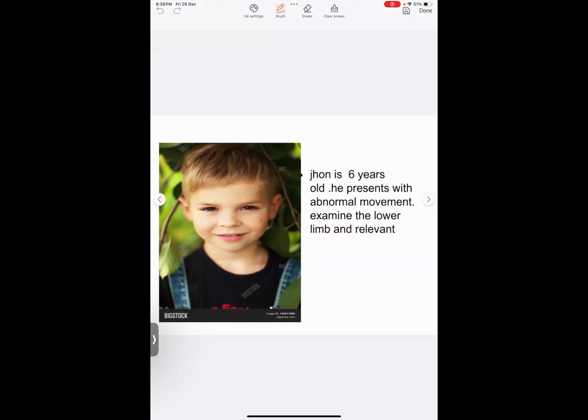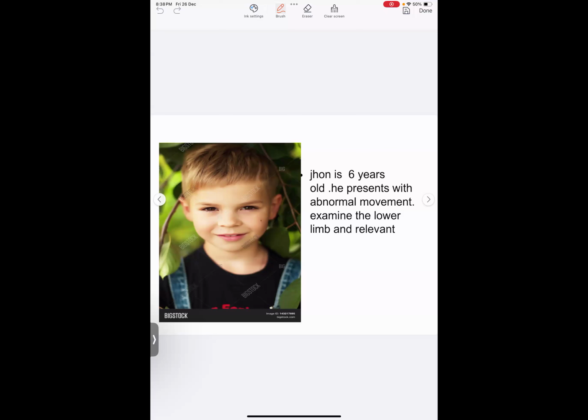Then also the back of John and back of the lower limb. On the back of the lower limb, I would want to check any scar mark, skin pigmentation, any hypertrophy or wasting of muscle.